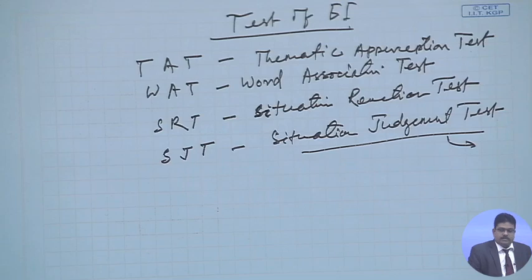For example, suppose you are walking on the road and suddenly you see a snake in front of you. You never had any prior knowledge of how to deal with a snake, but with your experience and exposure, watching movies, and practical life situations where people have dealt with snakes, you try to recall those experiences and apply them on the spot, and then try to get rid of the situation.